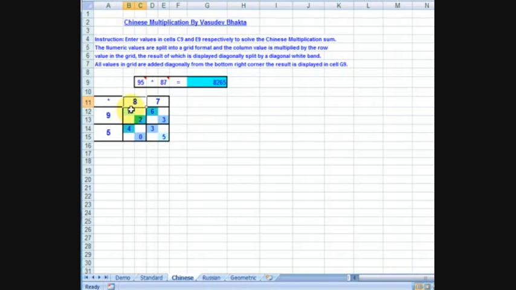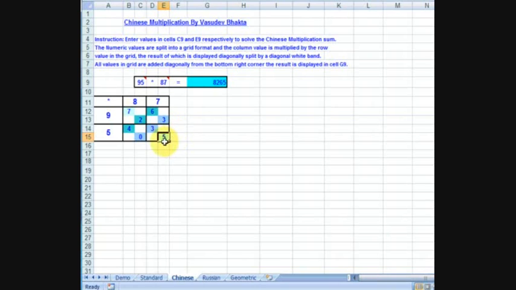What we do is basically multiply 9 by 8, giving us 72, as shown here. 9 by 7, 63. 5 by 8, 40. 5 by 7, 35.